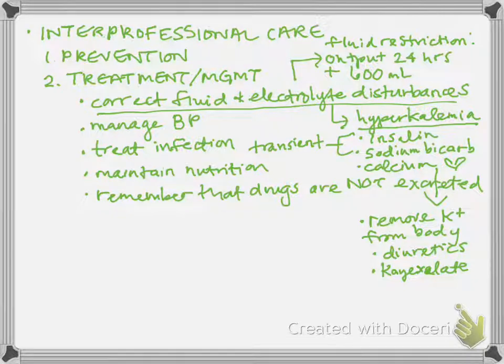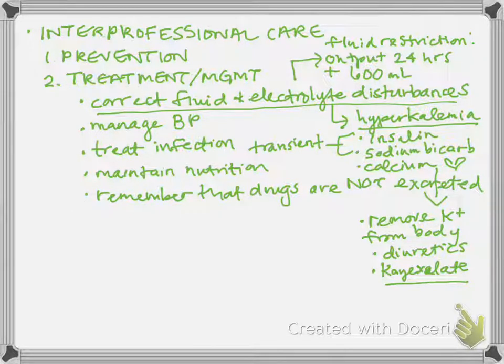It exchanges potassium for sodium in the gut, and so you essentially pass it through the feces. It's given PO, and so this is not something that's going to get rid of potassium right away, the way that dialysis would. It's going to help the patient get rid of it through the bowel, but we know that takes longer than something, say, IV like dialysis.